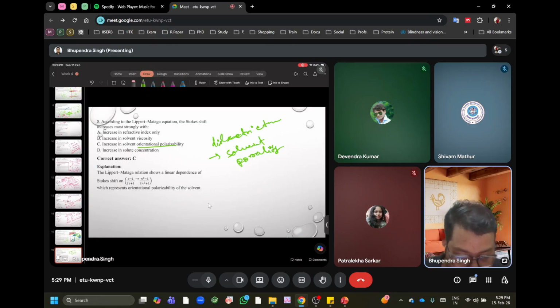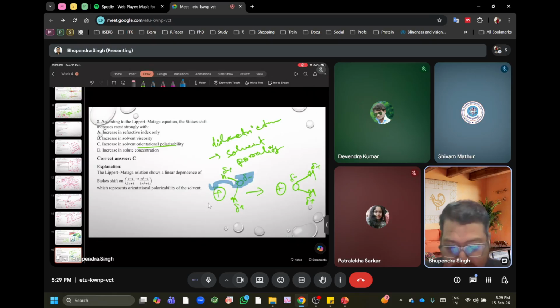Just like water, let's say this is a positive charge. Let's say water like this. It has delta negative and delta positive, so the negative will try to come back here, and that is why the reorientation of the water molecule will happen like this.